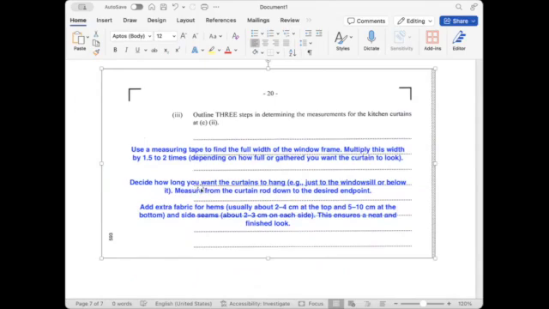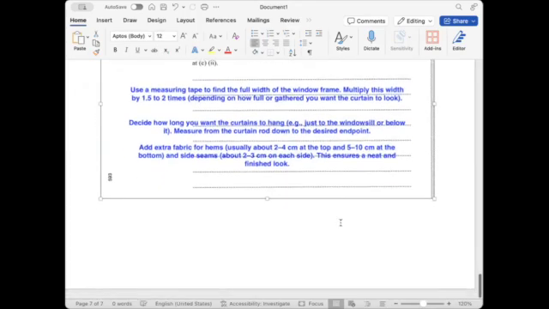Decide how long you want your curtain to be, all right? And then you're going to add extra fabric to the end, usually 2 to 4 centimeters on top, and 5 to 10 centimeters on the bottom, all right? And then this will ensure a neat finish for your curtain.